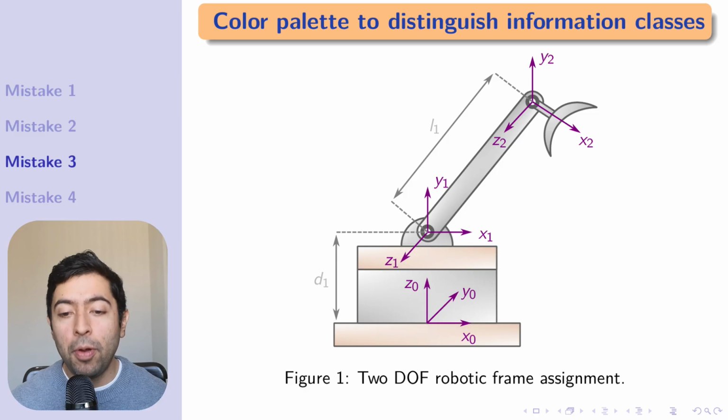You see here, purple corresponds to coordinate systems, and gray corresponds to lengths or distances of the robotic assembly. So this is an example of how you can use colors to distinguish between different information sources, different information hierarchies, different domains.